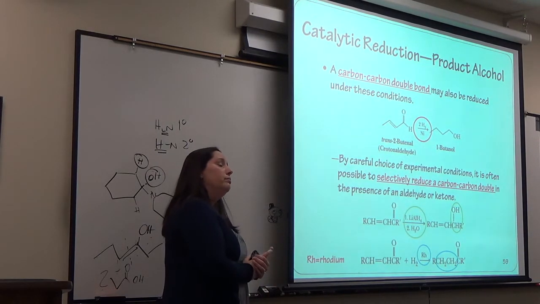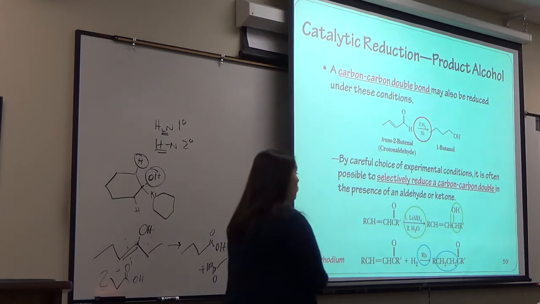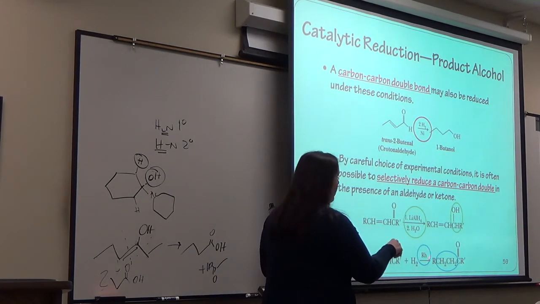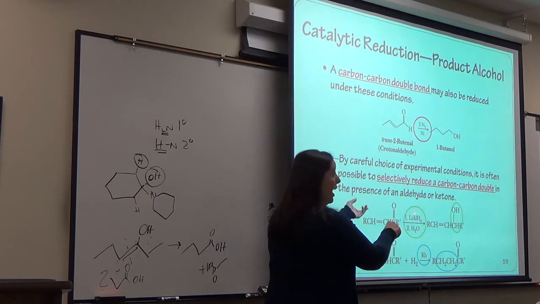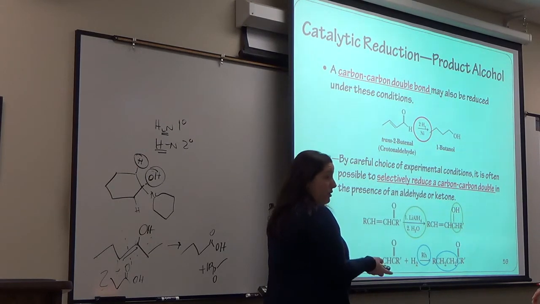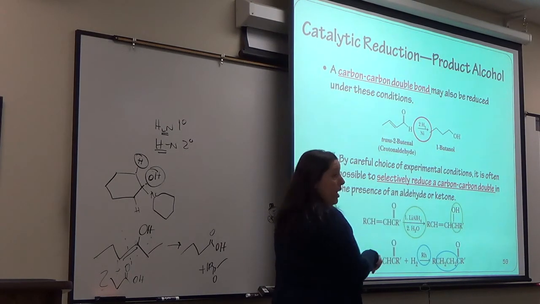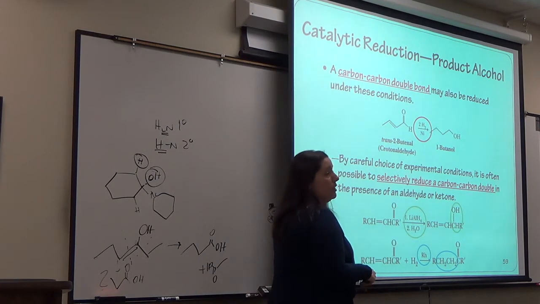How come rhodium does the exact opposite and just focuses on the double bond? Yeah, so rhodium doesn't have the hydride as the nucleophile. It's going to have hydrogen gas, H2 gas, and so it's only going to work on the double bond.